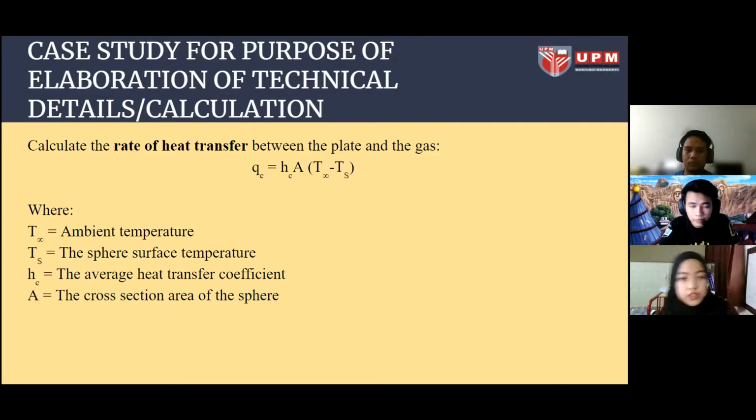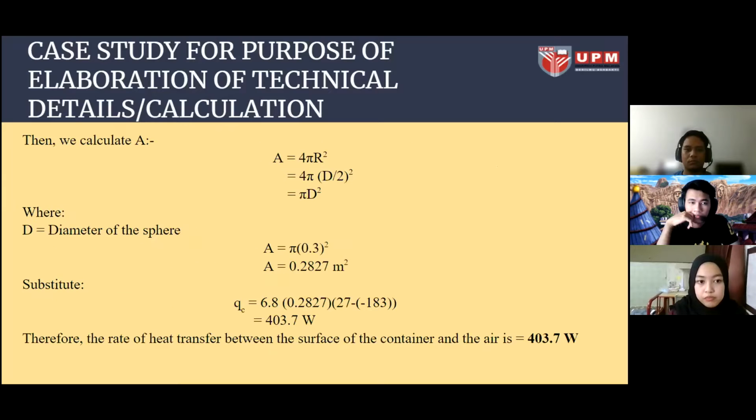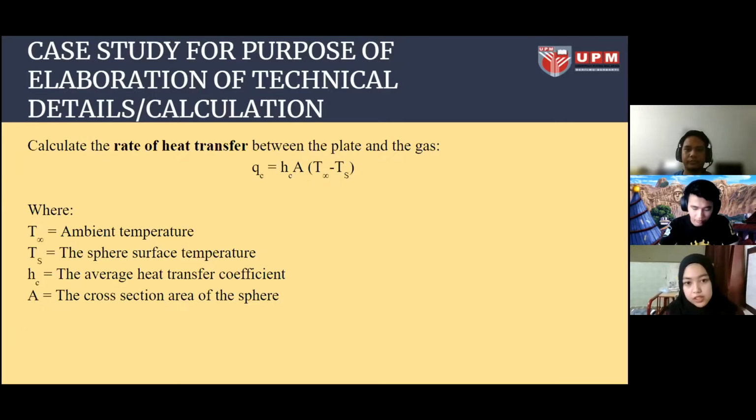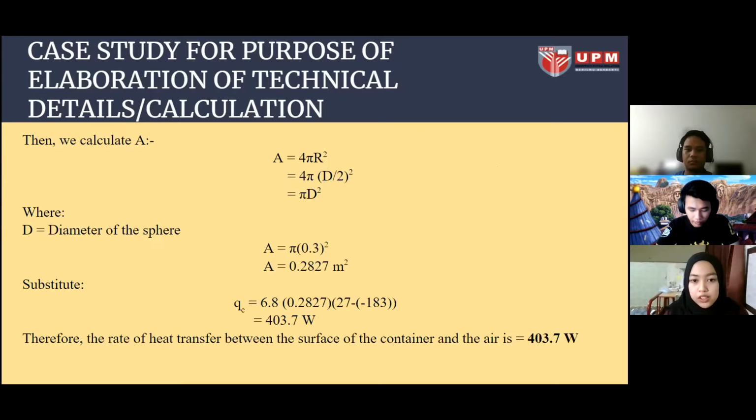For the solution, we calculate the rate of heat transfer using the equation: rate of heat transfer equal to the average heat transfer coefficient times the surface area of the sphere, times the ambient temperature minus the sphere surface temperature. From this equation, we already have all of the values, only the area is unknown.